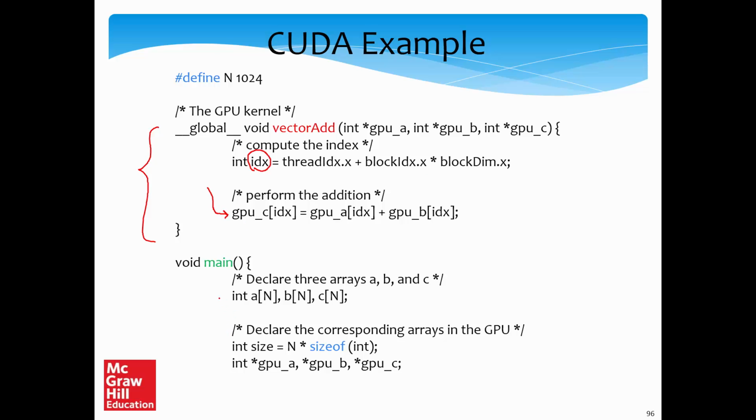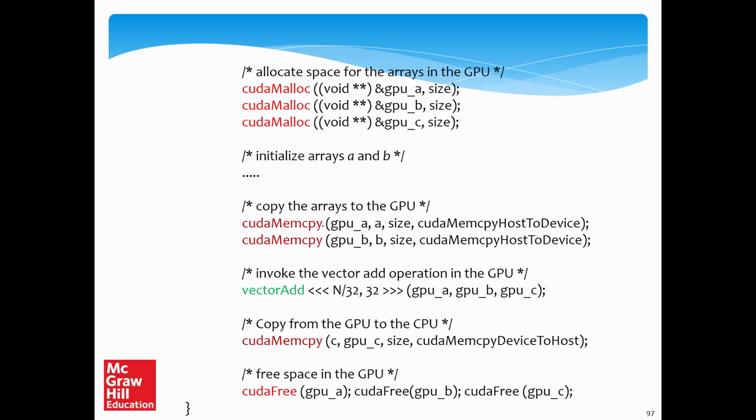And after that it is just a matter of making the arrays, moving data from the CPU to the GPU, invoking vector add to do the addition within the GPU, and again moving data from the GPU to the CPU. So this is mostly how all GPU computations proceed.